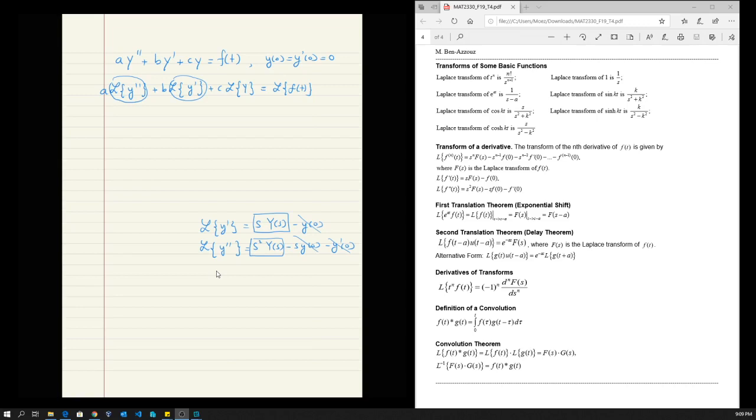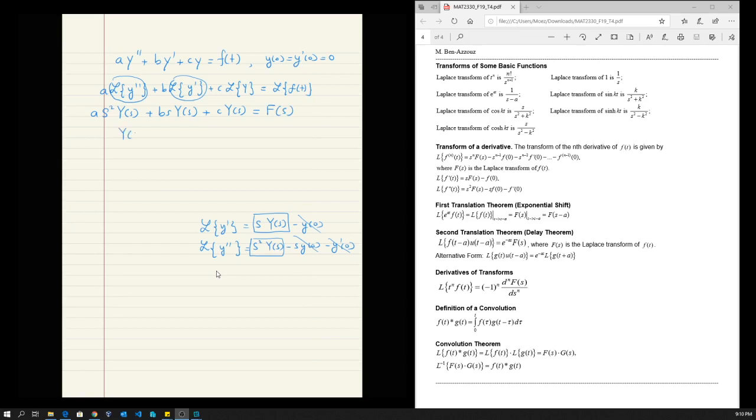So this becomes a s squared capital Y of s plus b s times capital Y of s plus c times capital Y of s equals the Laplace of f of t, which we could, by the way, write as capital F of s. Again, remember the pattern.